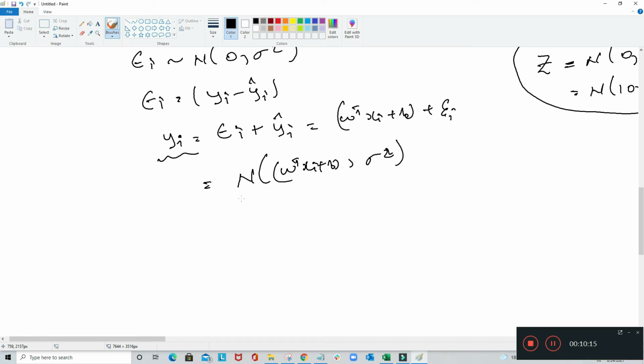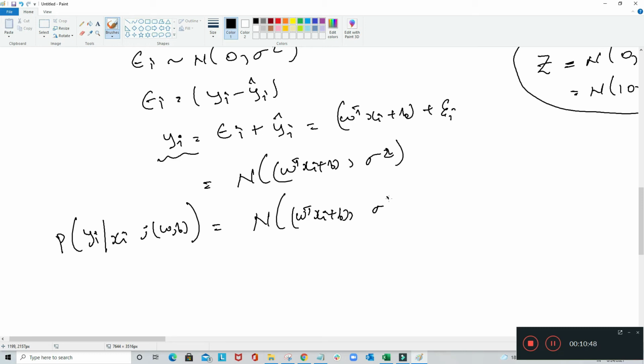And we can change the yi into a probabilistic interpretation, like probability of yi given xi with the parameters w and b will be having a normal distribution with mean w transpose xi plus b and variance of sigma square.